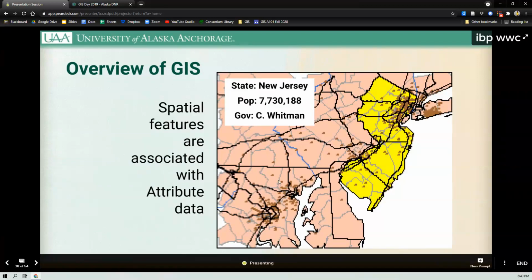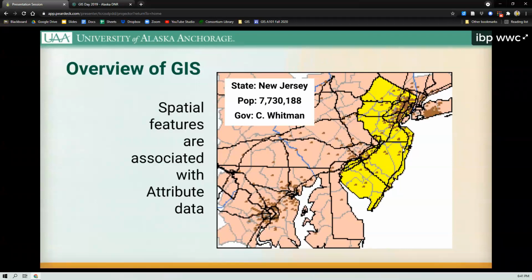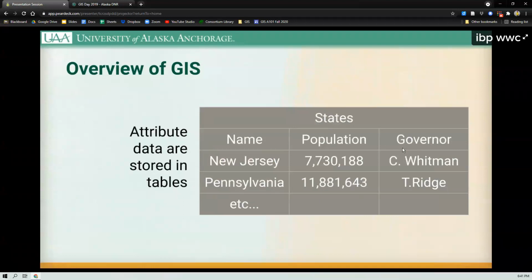Sorry, figuring out where my slides went here. So within the state of New Jersey, you'll have a road network that could also store database information. And you'll also have points of interest that can store information. So all of those layers get pulled together into the database and contribute to your output of information.